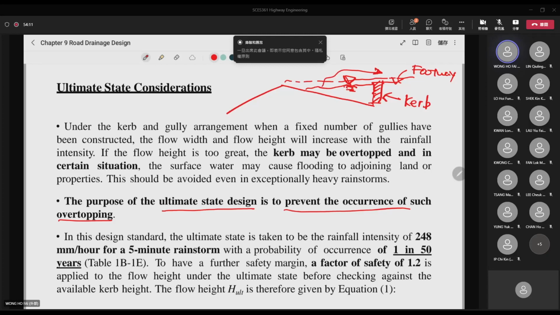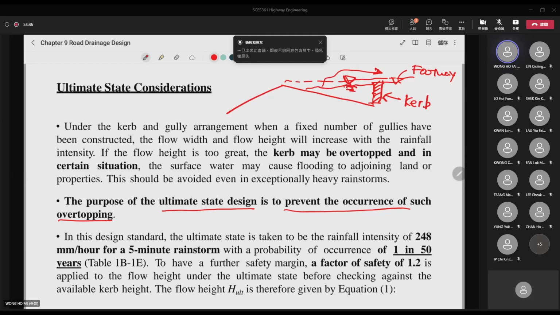So here, we will design our road to take a rainfall intensity of 248 mm per hour. That means with a probability of 1 in 50 years. So here, we will try to resist the rainfall of 1 in 50 years in order not to have overtopping of the flood onto the walkway.